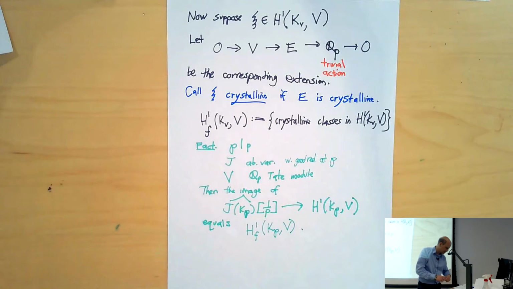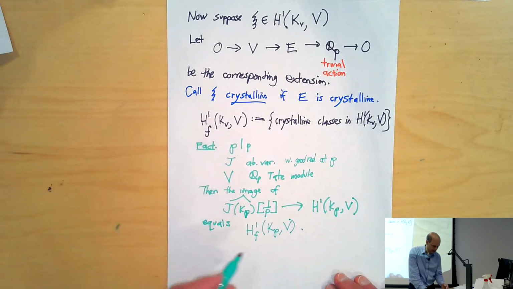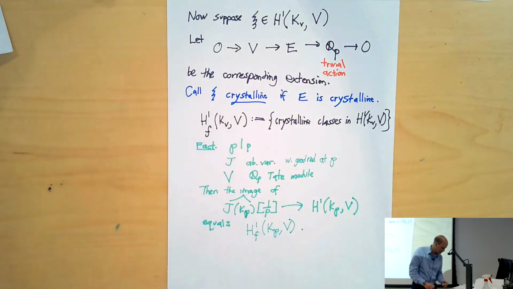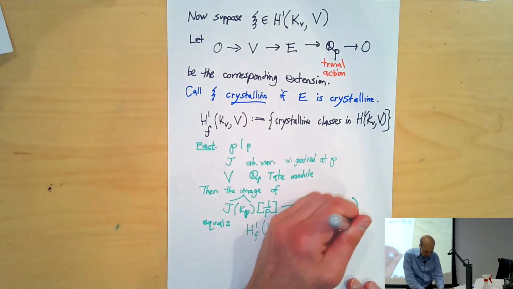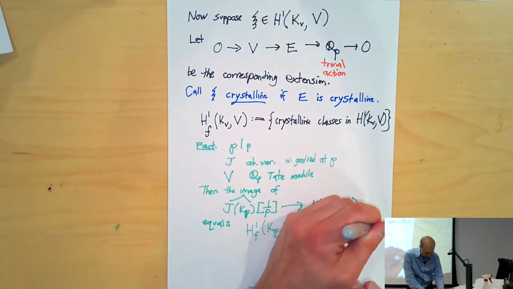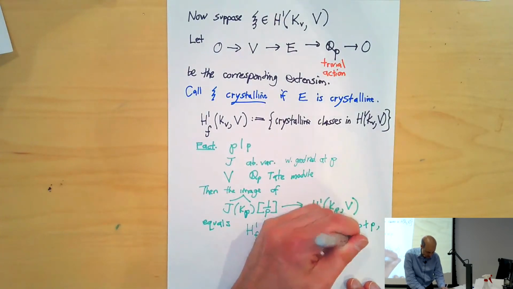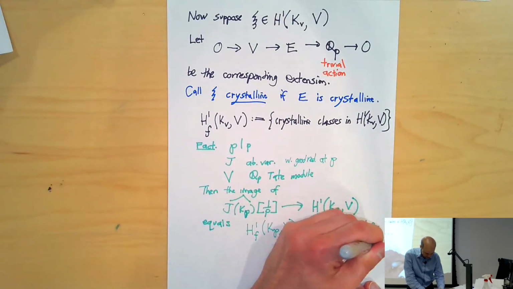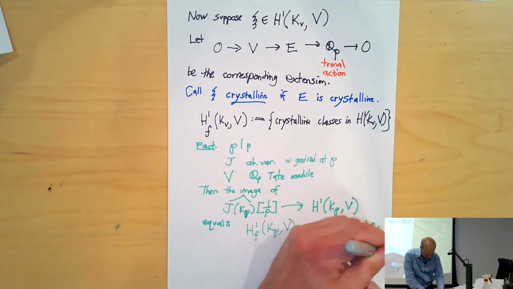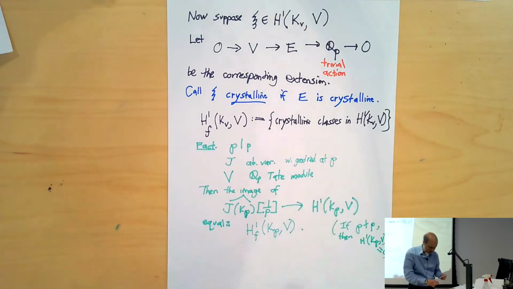On the other hand, if you choose a prime that doesn't divide p, here v was dividing p, you might ask what happens when v does not divide p, and then everything is just 0. So if v does not divide p, then this whole H^1_f is 0. So there's nothing much to say there.